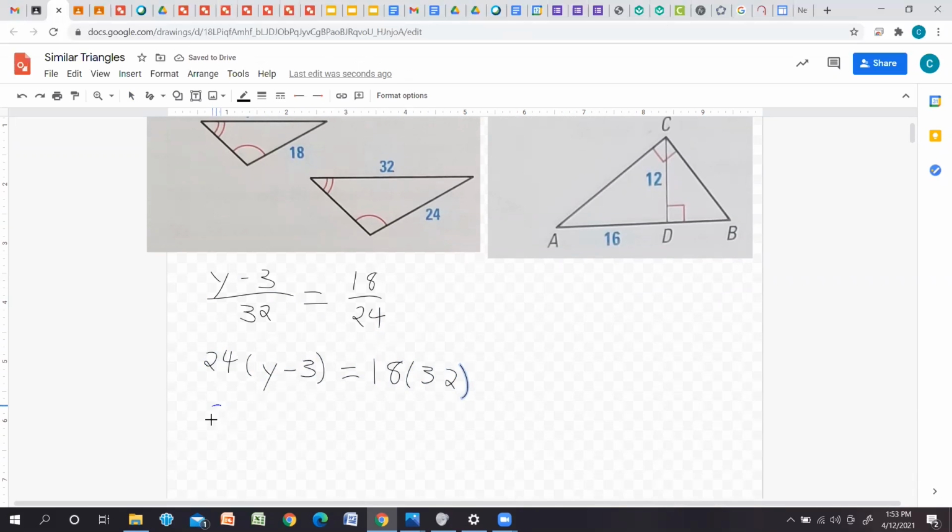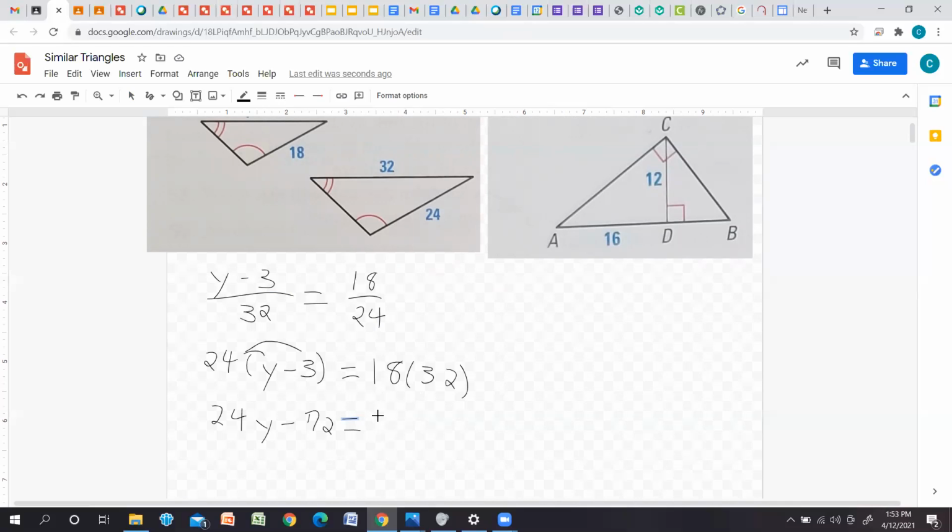So if we distribute here, 24y minus 3 times 24 is 72. You know what?